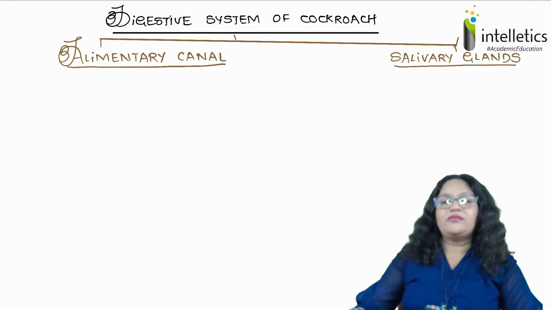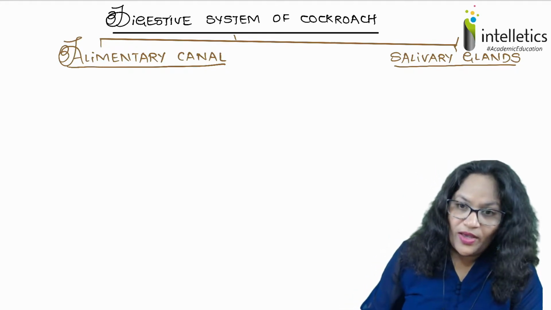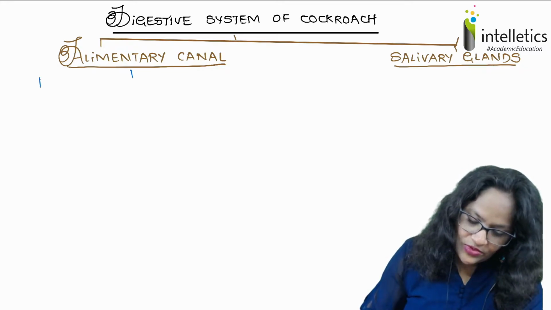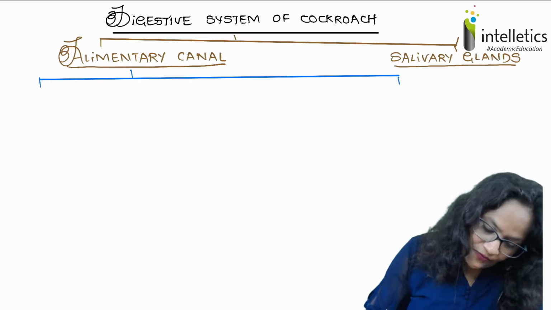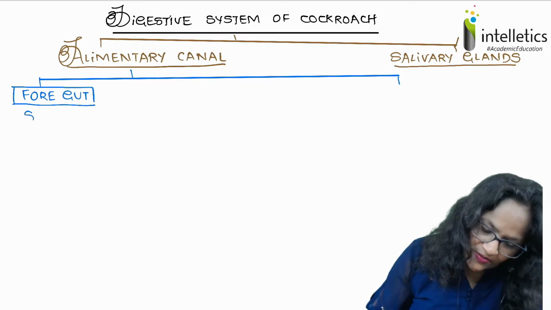Okay. Now this alimentary canal of cockroach can be divided into three parts. So these are the three parts here. The first part is the foregut, also called as the stomodium.